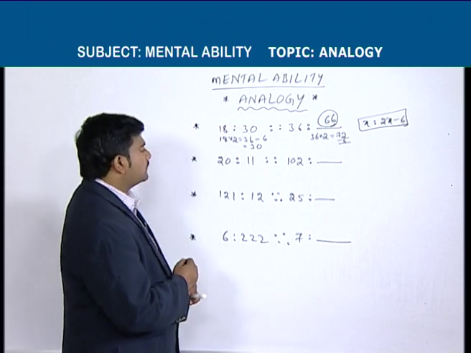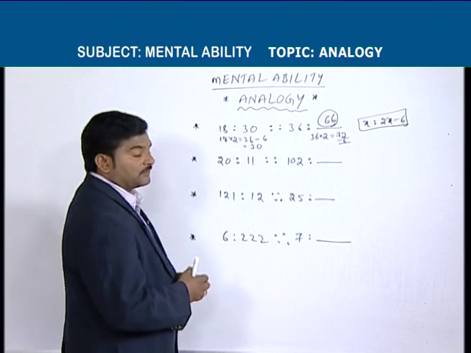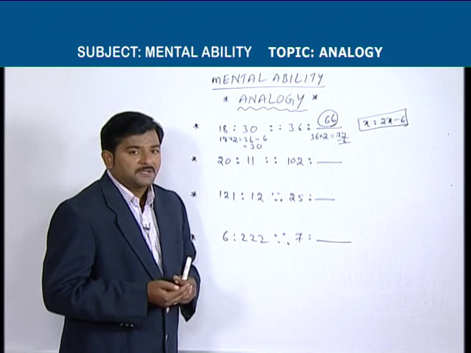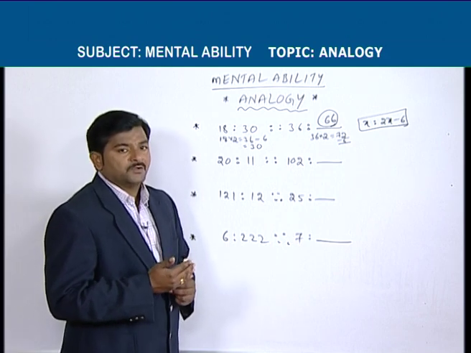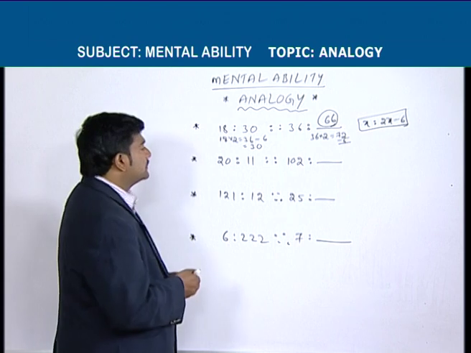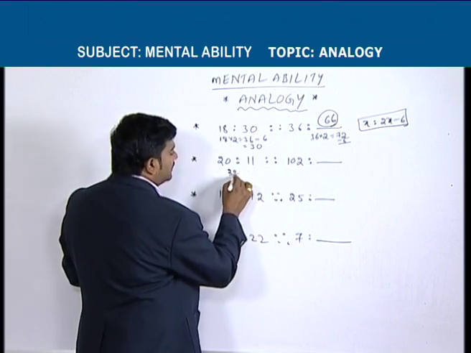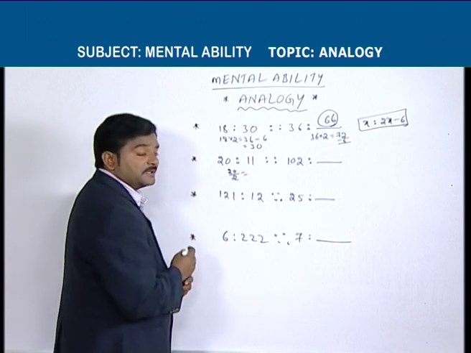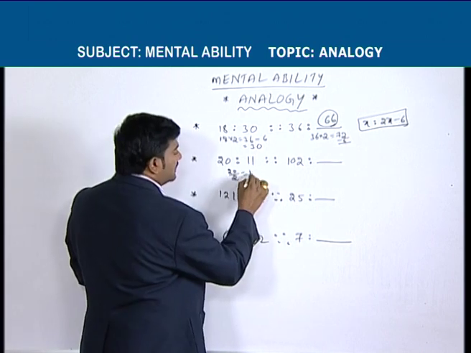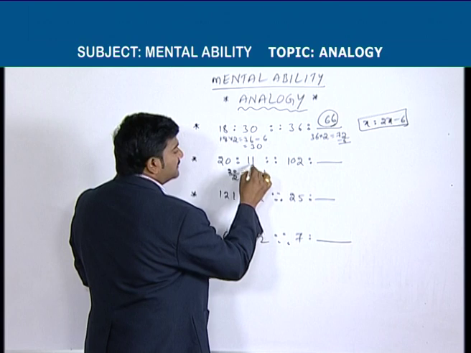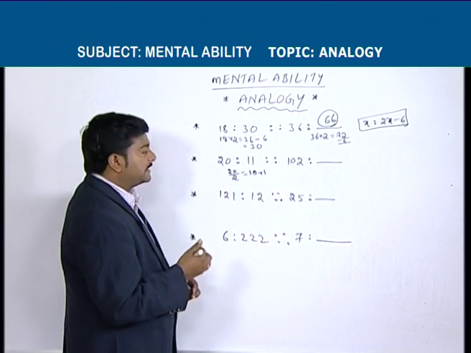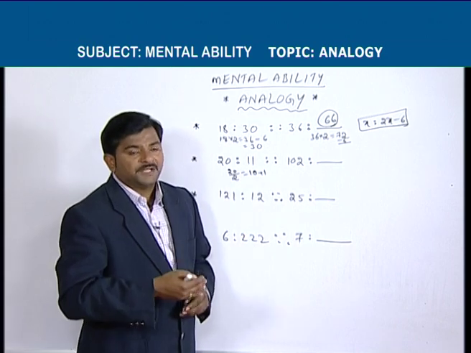Now see, focus on this. Similarly, 20:11 is as 102 is to dash. So here 20:11, if 20 is divided by 2, what am I getting? 10. But how much has he given there? 11. So what does it mean indirectly? By 2 plus 1 concept.